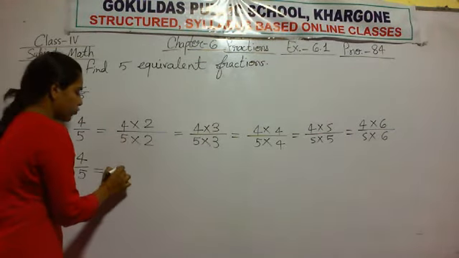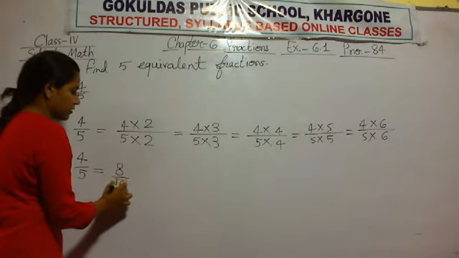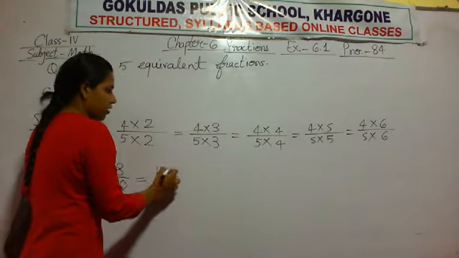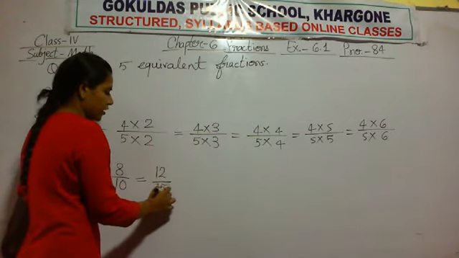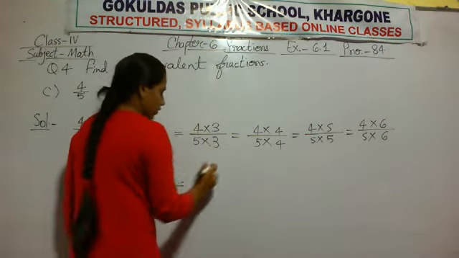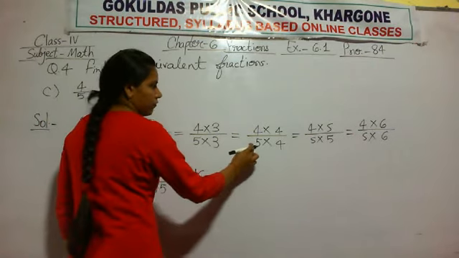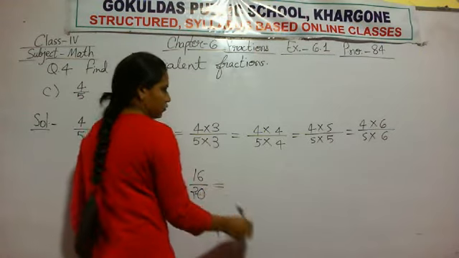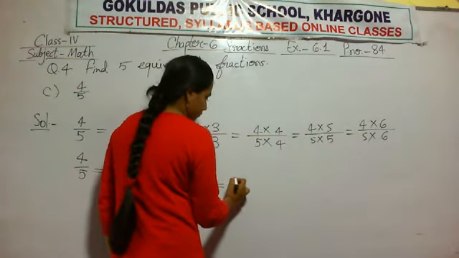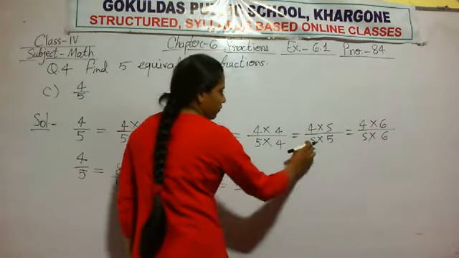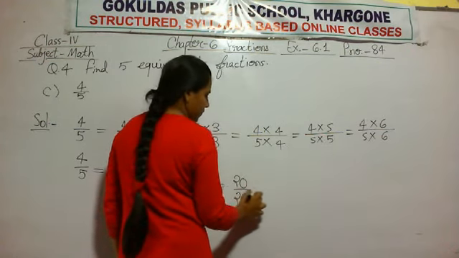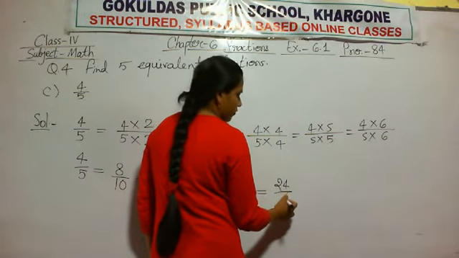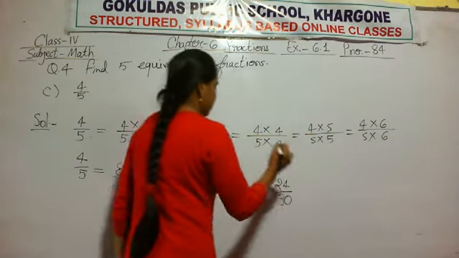4 into 2 gives you 8 upon 10. 4 into 3 gives 12 upon 5 into 3 is 15. 4 into 4 is 16 upon 5 into 4 is 20. 4 into 5 is 20 upon 5 into 5 is 25. 4 into 6 is 24 upon 5 into 6 is 30.